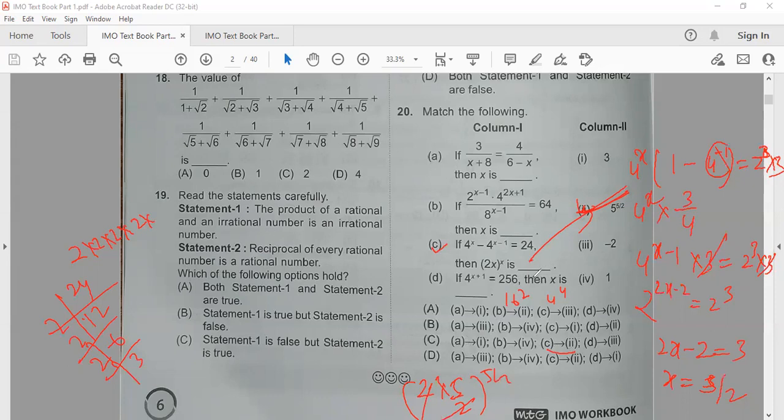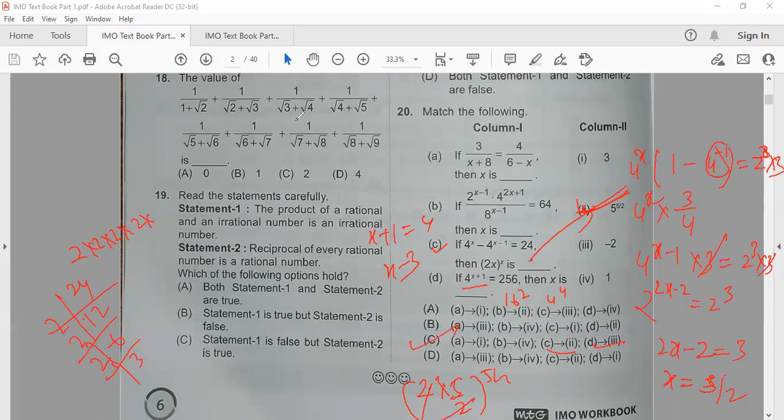So 4 to the power x plus 1 is equal to 4 to the power 4, that is x equals 3, that means D3. So C is the correct option. I hope you get that, class.